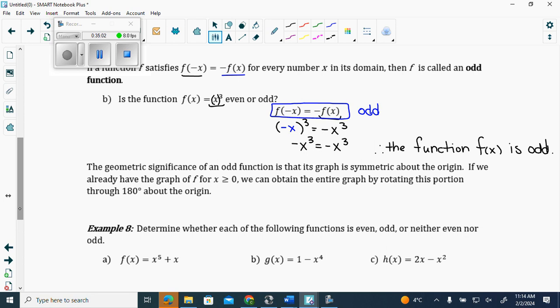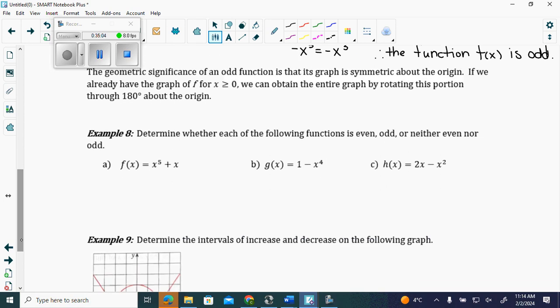Okay? So we're going to try these ones out. We're going to determine whether each of the following is even, odd, or neither. If you want to test for even, you plug in to f of x equals f of negative x and see if they match.